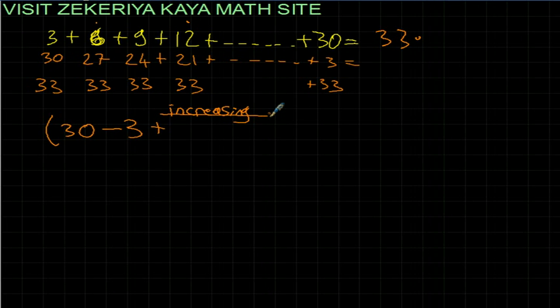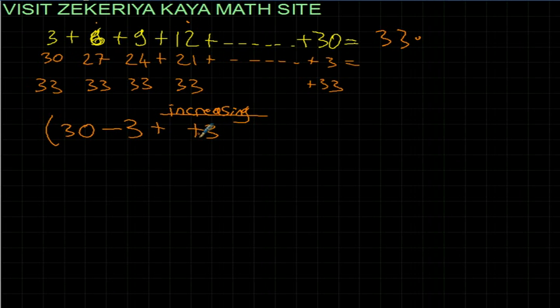It increases which number? Plus 3, plus 3, plus 3. We need to add the increasing number because I may start it from 9, from 12. I gave you the first example, 3, 6, 9. There are 3 numbers. It is equal to 9 divided by 3 is equal to 3.